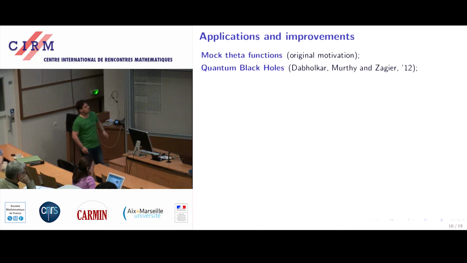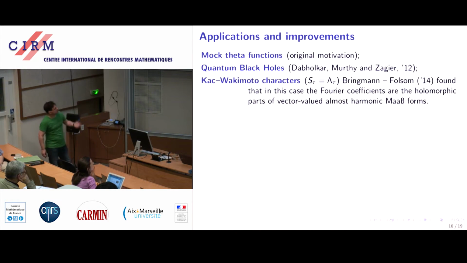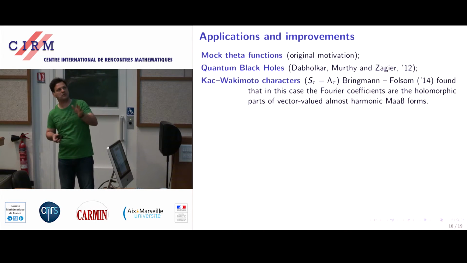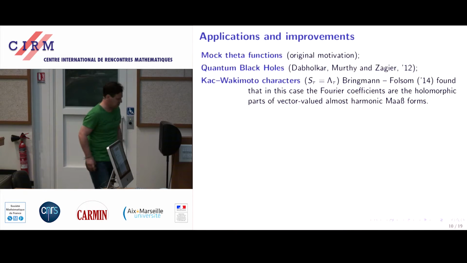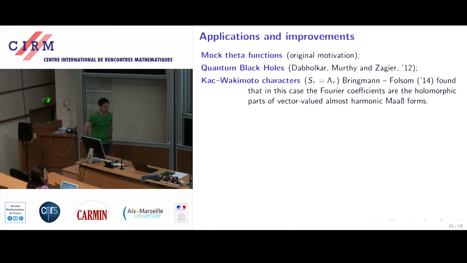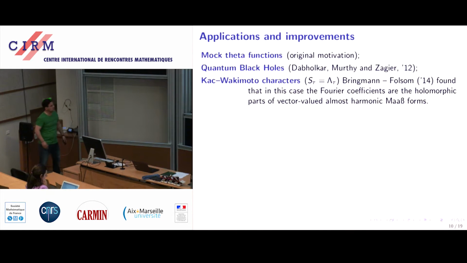And also another application where this was used is Kac-Wakimoto characters. I'm not going to tell you what Kac-Wakimoto characters are. That's something coming from representation theory. But in the end, what it boils down to, they just have a very explicit quotient of theta functions, and these characters are the Fourier coefficients. So that's exactly the thing that we did here.